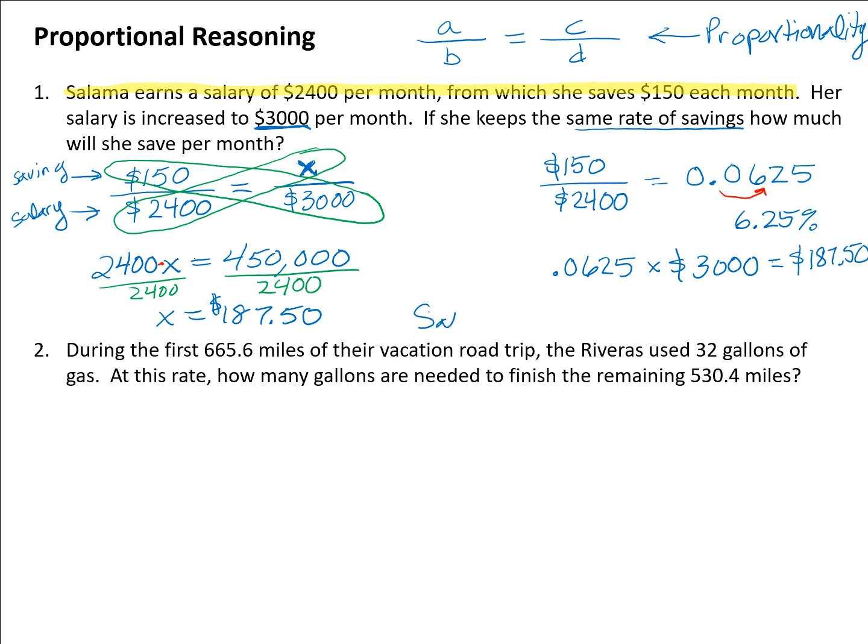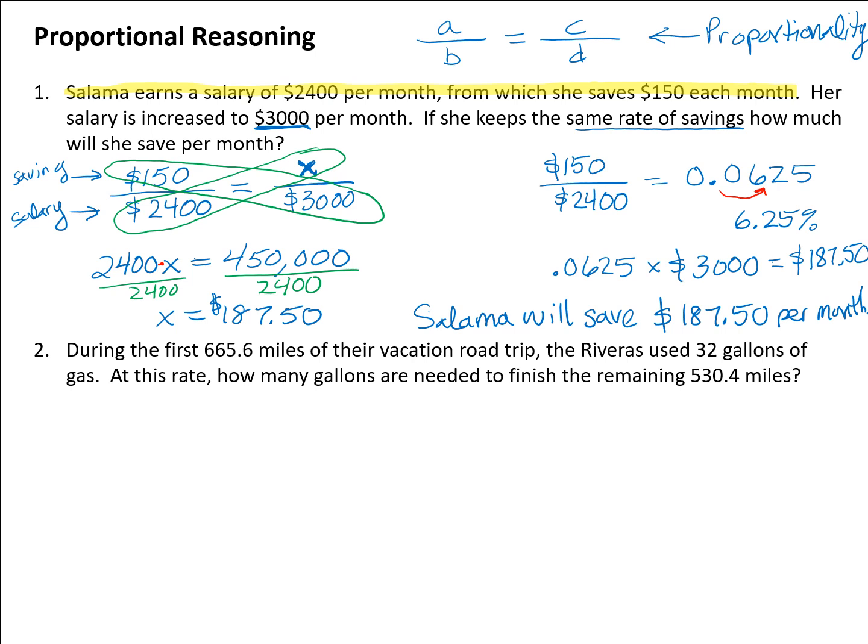So Salama will save $187.50 per month. Okay, so 2 ways to do it, your choice which way you want to. Let's look at a second example.